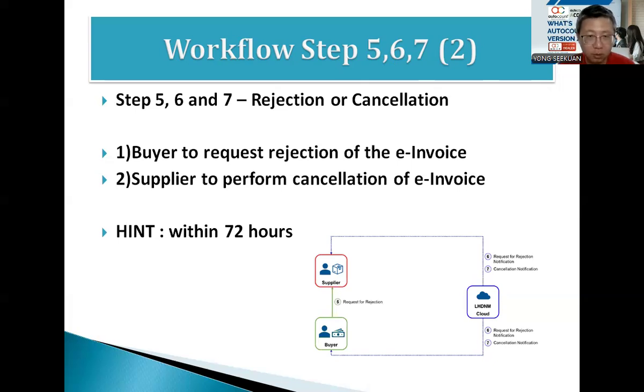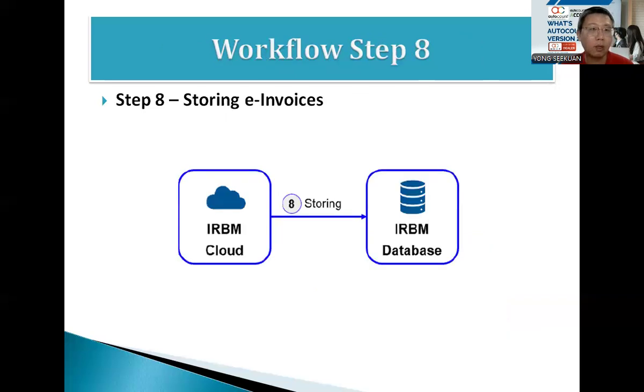Take note, after 72 hours, you are not allowed to do the rejection or cancellation. Let's say your invoice has a mistake, wrong item, wrong price, wrong amount, so you may require cancellation. Within 72 hours, MyInvois will allow you to cancel. What if it is more than 72 hours? You will not be allowed to do the cancellation.